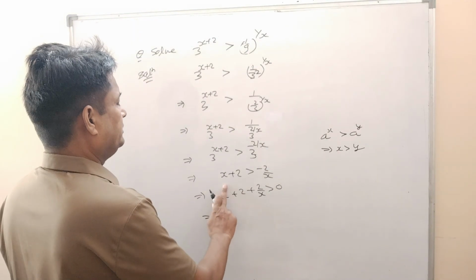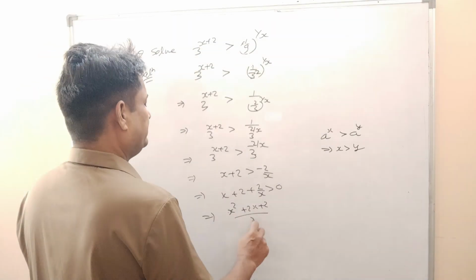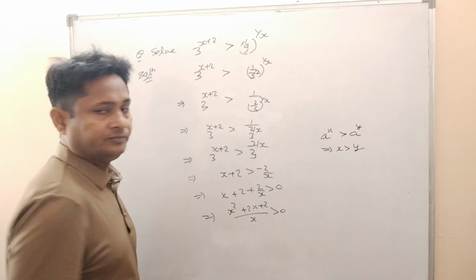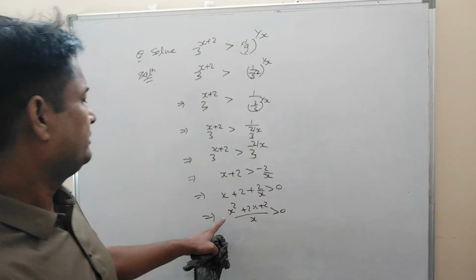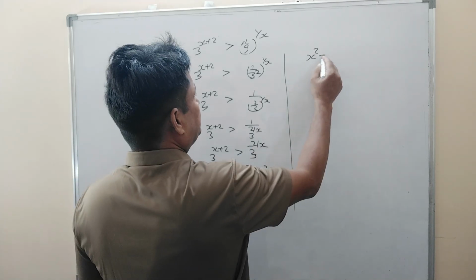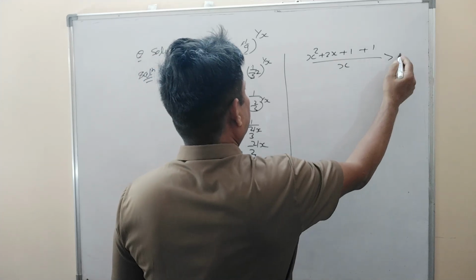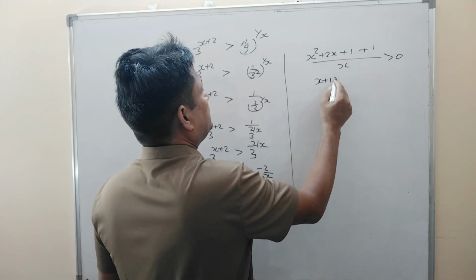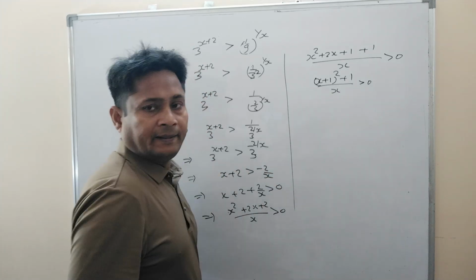This will be x square plus 2x plus 2 divided by x greater than 0. The numerator can be written as x square plus 2x plus 1 plus 1, so it is x plus 1 whole square plus 1 divided by x greater than 0.